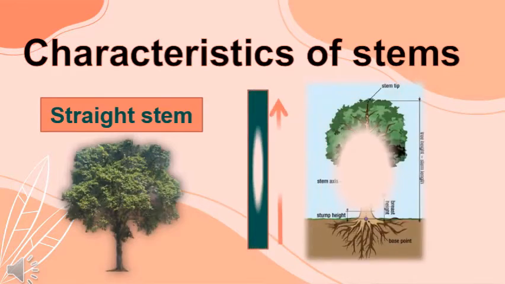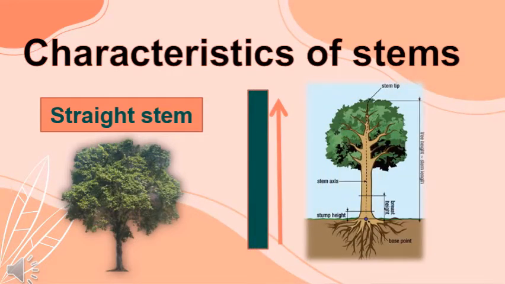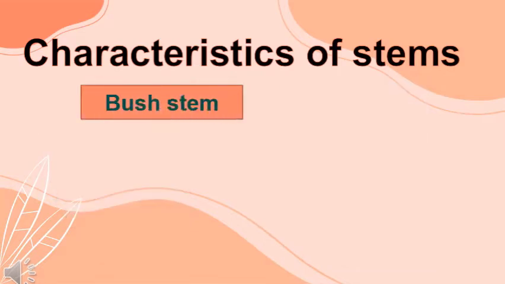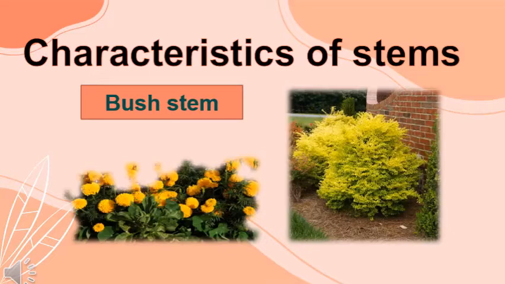Its stem looks like a straight line. That's why it's called a straight stem. Bush stem. It is a plant that is short and has a lot of stems. Usually we find this in the parks and in the garden.